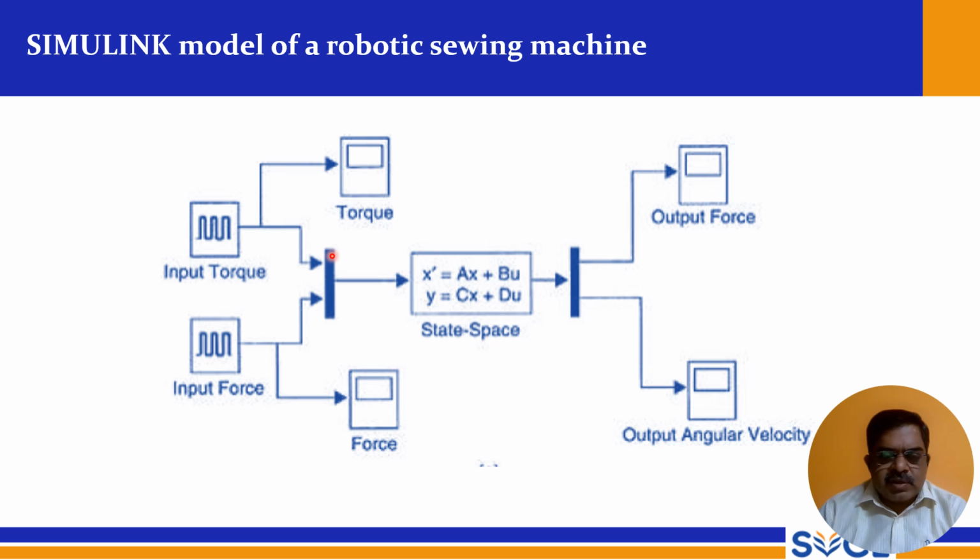This is the junction from where you can send both signals to the state space unit. So here all mathematical modeling is performed, and output force and output angular velocity from this state space equations are displayed here in the respective scopes.